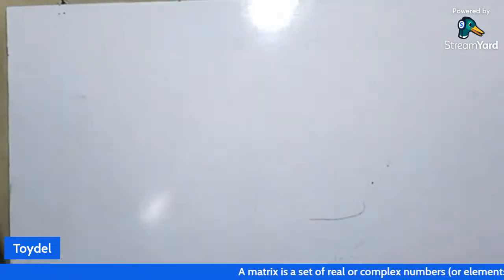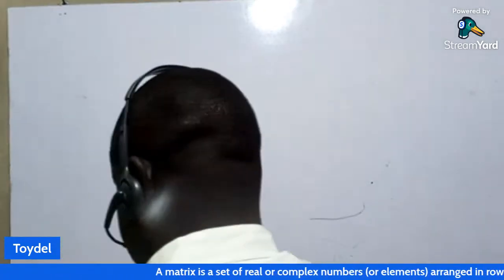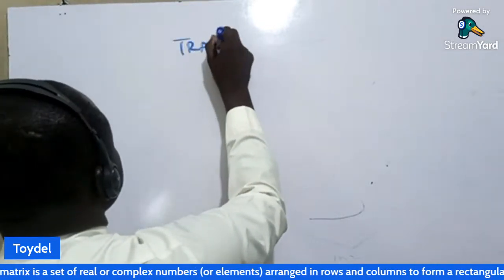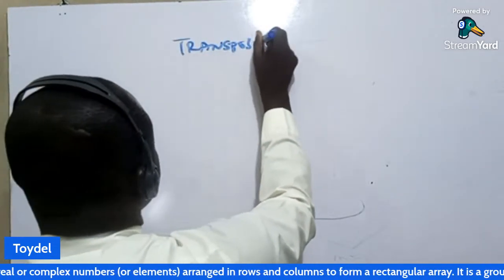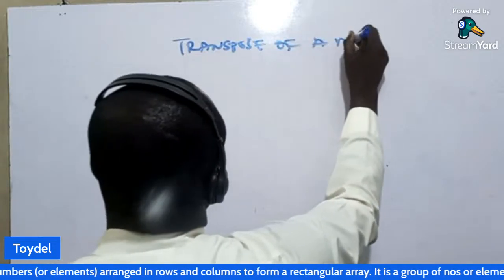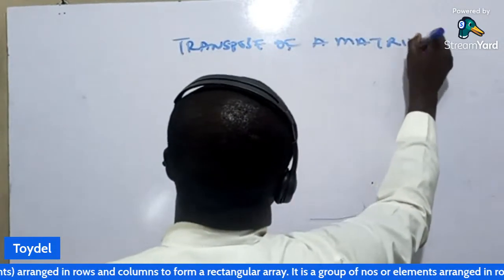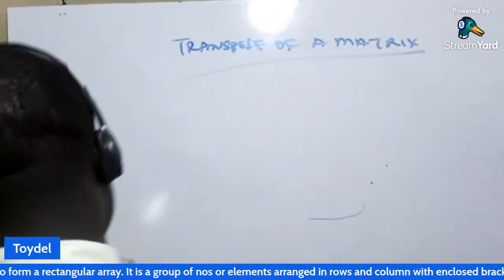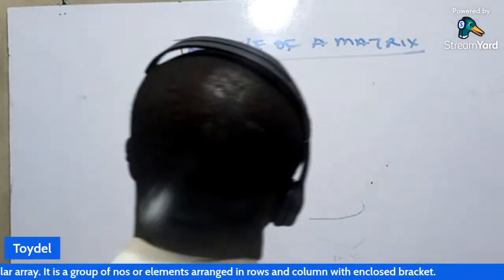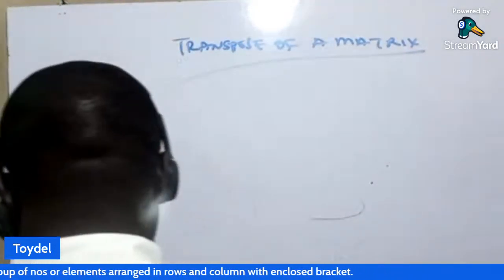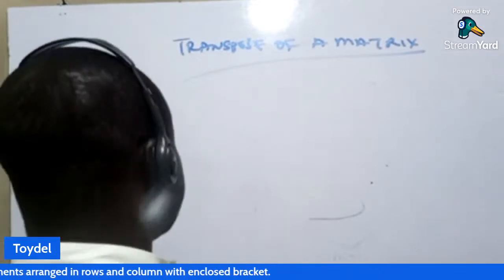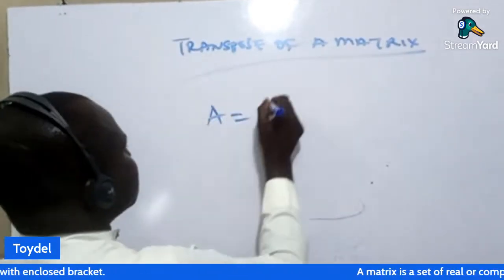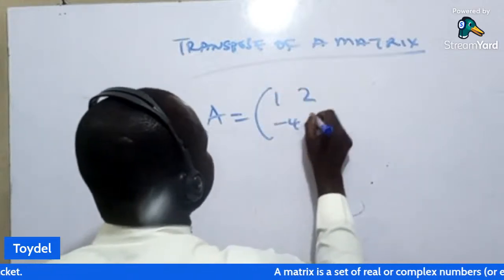Today, by the grace of God, I'm going to introduce the transpose of a matrix. How do we transpose a matrix? Transpose of a matrix simply means the rearrangement of elements in a given matrix with rows and columns interchanged. So let's say we have a matrix A given as 1, 2, minus 4, 3.